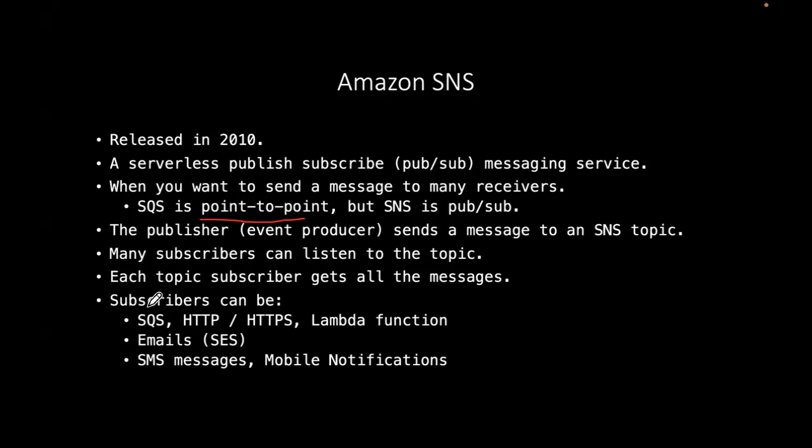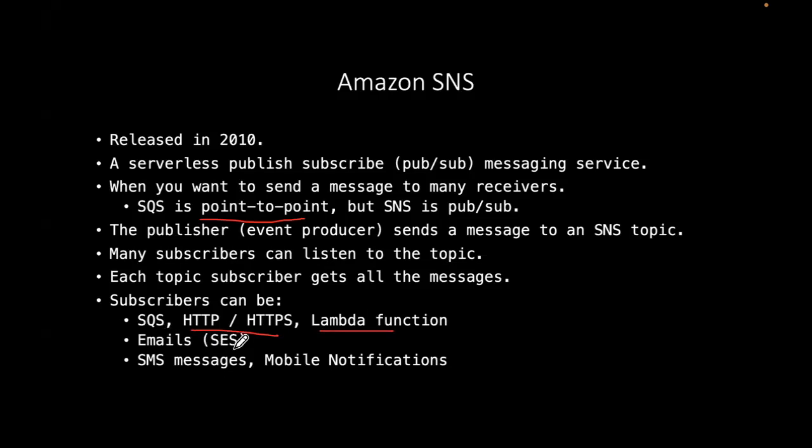You could actually have, and it's a very common pattern, SQS as a subscriber to an SNS topic. You could have an API gateway or a load balancer as a subscriber to an SNS topic. That's what we mean by HTTP and HTTPS. And of course, a Lambda function can be a subscriber. As well, we could use the SES service as a subscriber.